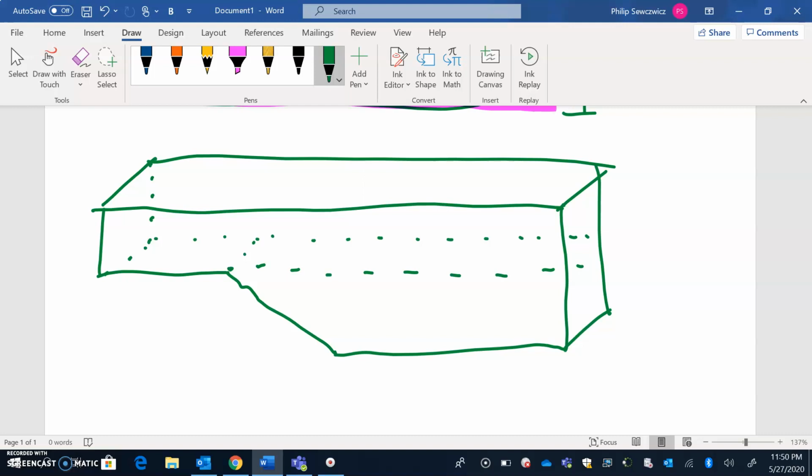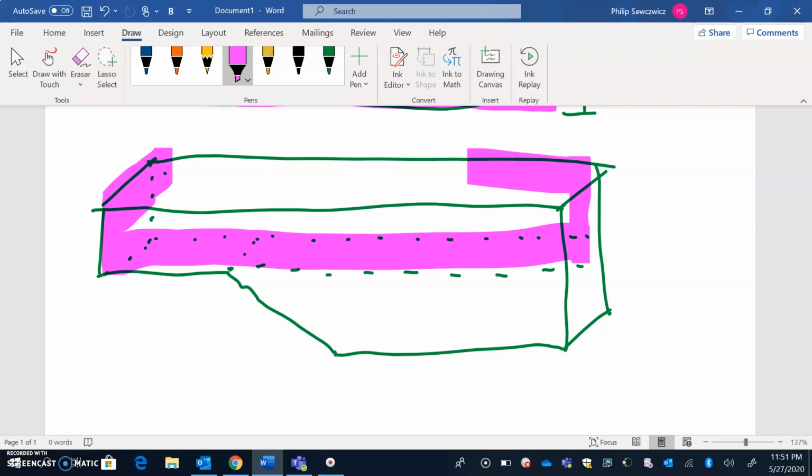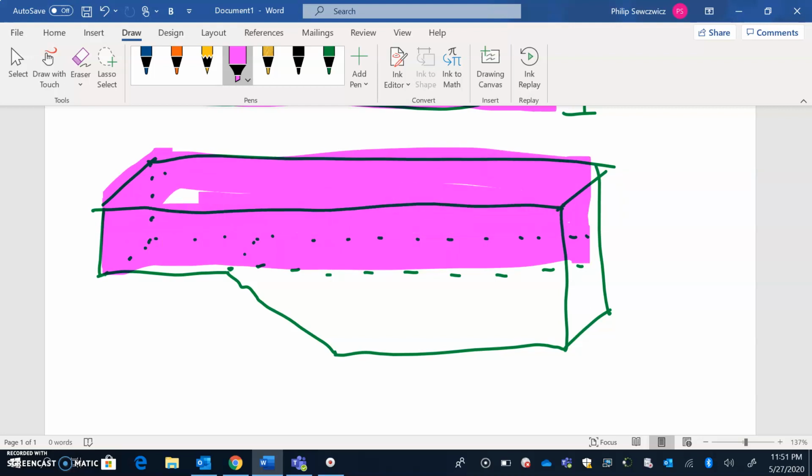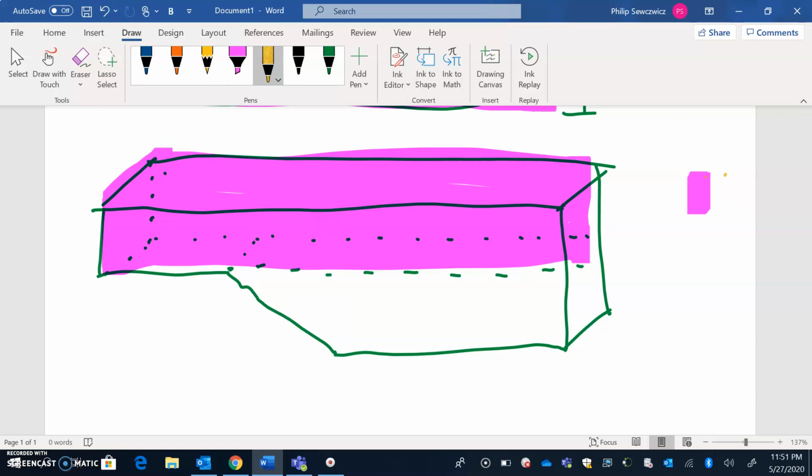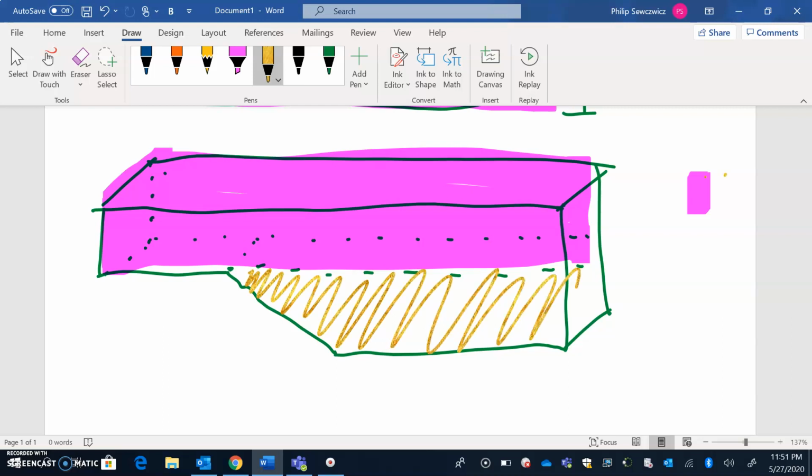What I ended up doing here is breaking it up into two particular shapes to find the volume. The one part I'm dealing with here is this rectangular prism. And then down below, what I am looking at is actually a trapezoidal prism. Oh my goodness, yeah, it's a trapezoid here.